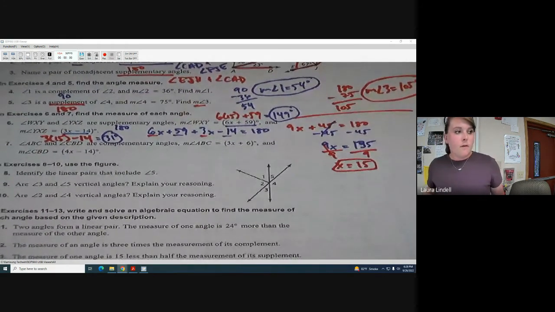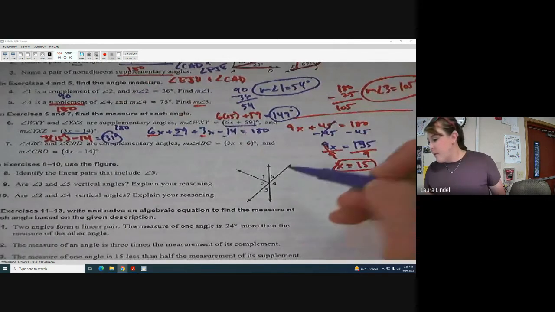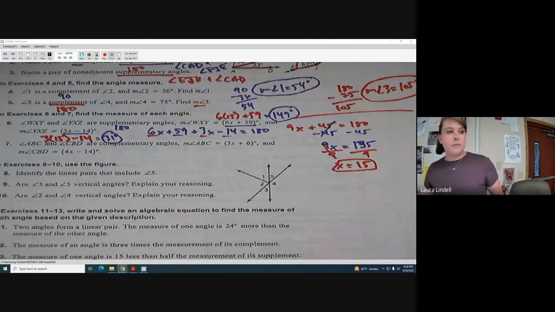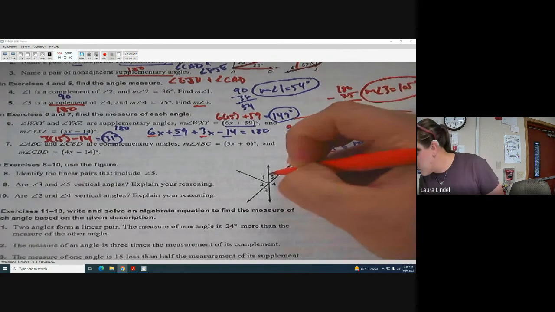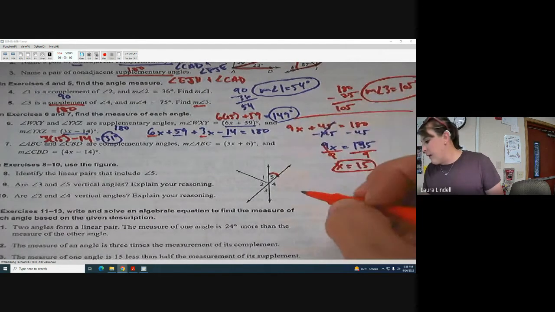Okay, for ones like 8 through 10, we're using this picture right here, and it's going to ask some questions about the picture. The first one says, identify the linear pairs that include angle 5. So here's angle 5, and we're looking to make a linear pair with angle 5.